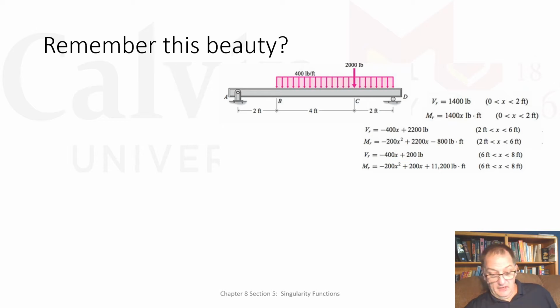So if we started out, and I do this section, if I make a break here, and I do just the first section, I've got to add a VR, and I can add my MR. It just depends on which equation I'm going to solve for.